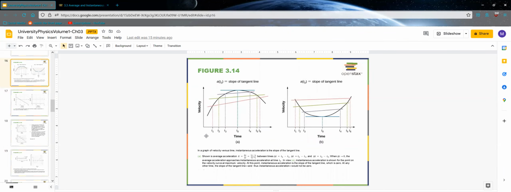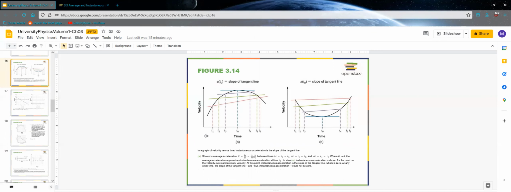This image is the same as before. You can take slopes of various things. Acceleration, velocity, and displacement are all like derivatives of each other, right? Take the derivative of an acceleration equation, you get velocity. Take the derivative of a velocity equation, you get displacement, x. I'm not going to go over that a lot in this particular lecture.